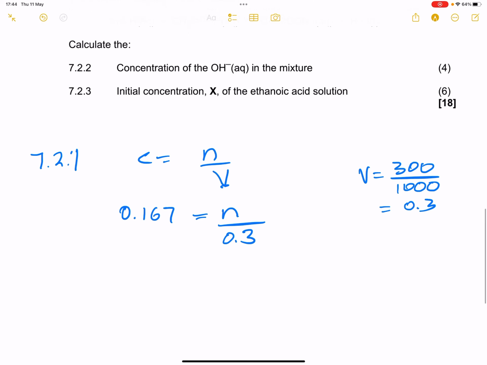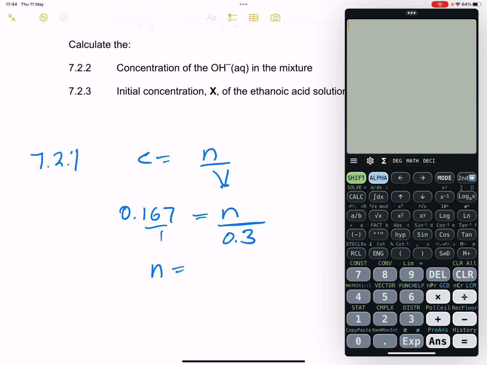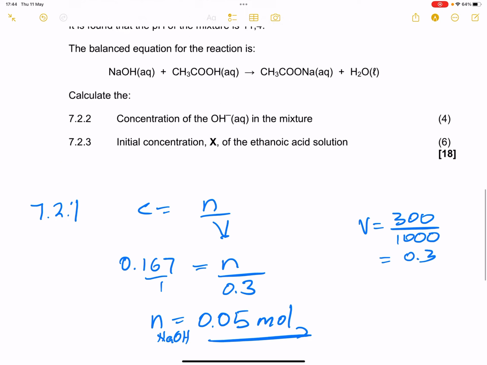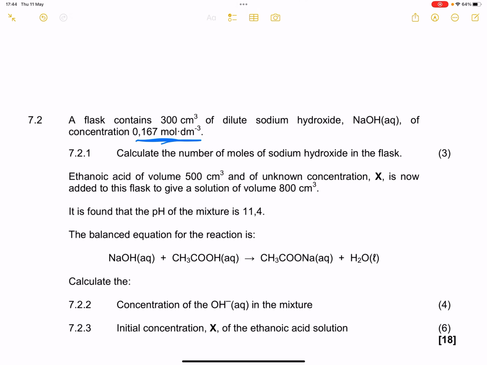So we can multiply those out. That's 0.3 times 0.167, and that will give us 0.05 moles. So those will be the number of moles of sodium hydroxide. I hope that made sense, ladies and gents.